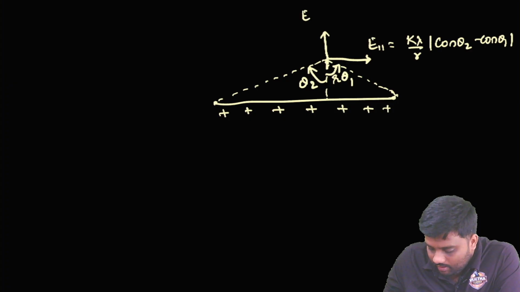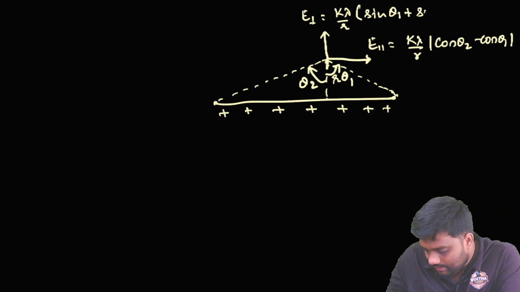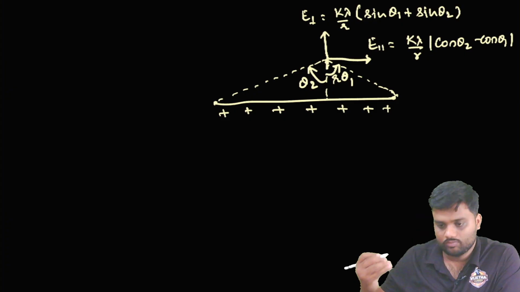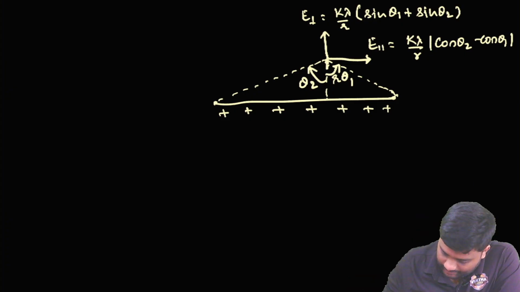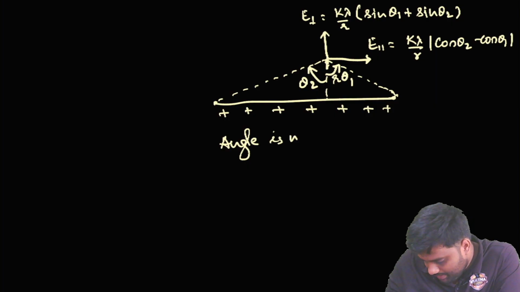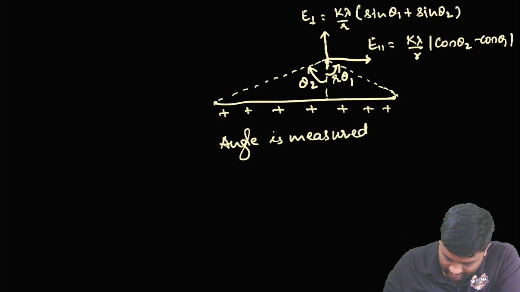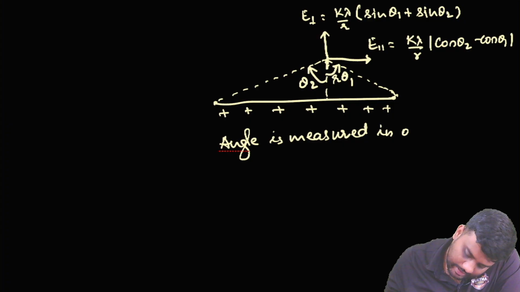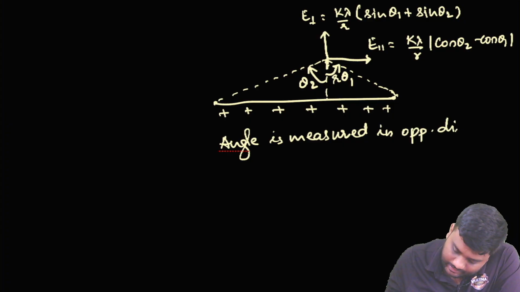E perpendicular is given by k lambda by r into sin theta 1 plus sin theta 2. Here the angle is measured in the opposite sense.